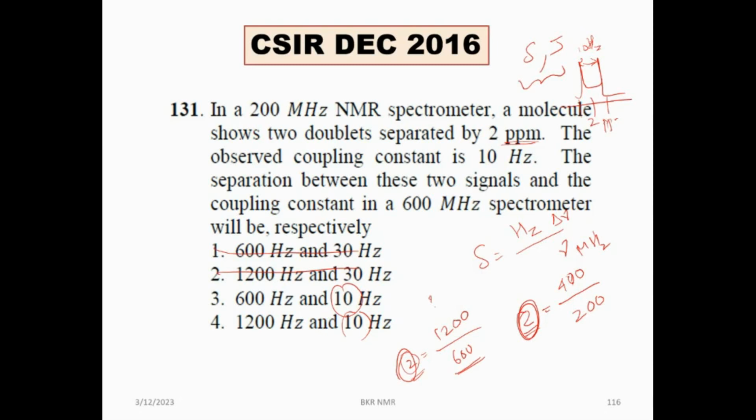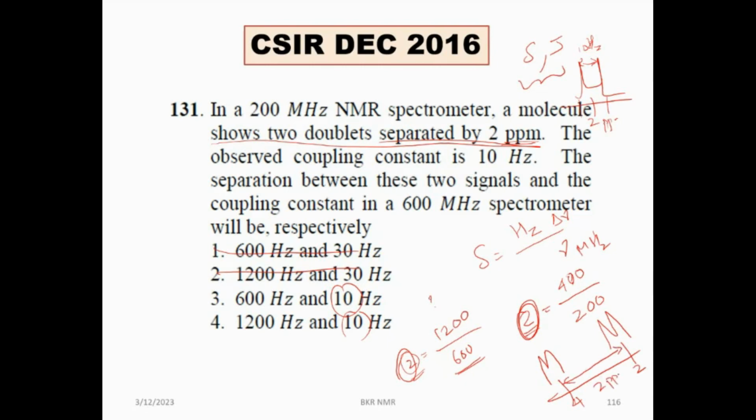So they say 2 doublets separated by 2 ppm. So there are two doublets. Suppose this is coming at 2 ppm and this is coming at 4 ppm. The distance between the two is 2 ppm.